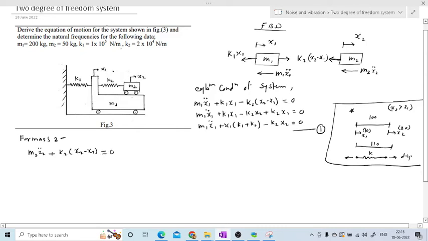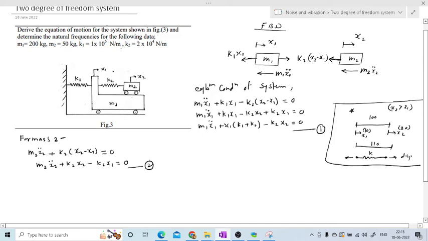Now multiply k2 into the bracket, so m2 x2 double dot plus k2 x2 minus k2 x1 is equal to 0. So we get this equation, which I'll write as equation number 2.